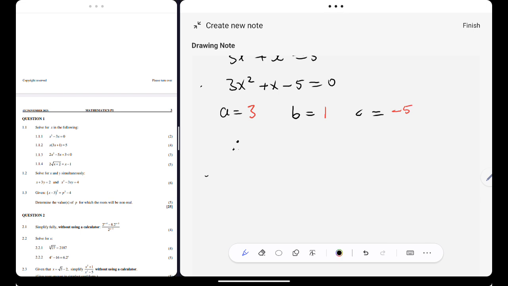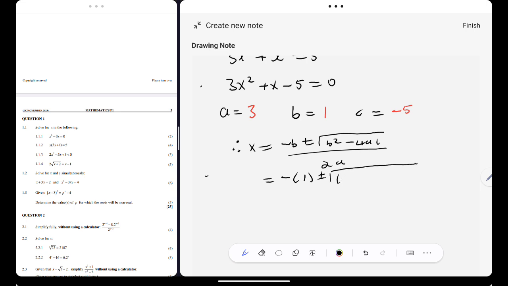So therefore, I'll simply say x is equal to minus b plus or minus the square root of b squared minus 4ac over 2a. The value of b is 1, so 1 squared minus 4 times a, which is 3, and then c is negative 5.